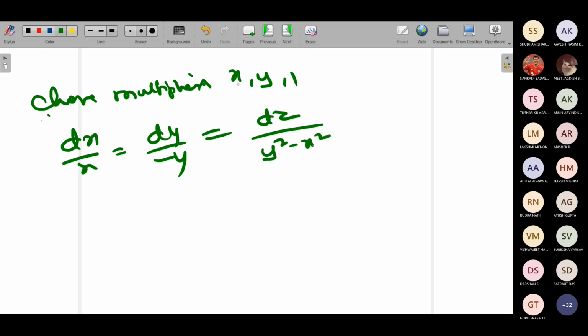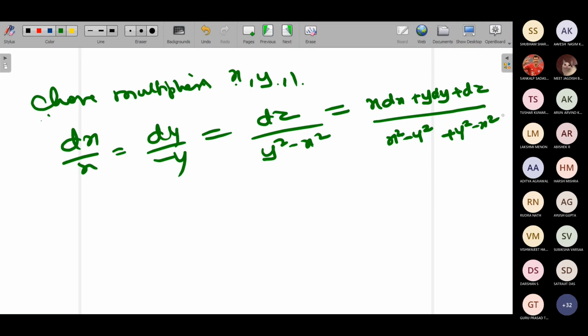Now what have I chosen? I have chosen the multipliers x, y, and 1. So I will have x dx plus y dy plus dz divided by x square minus y square plus y square minus x square. Yes or no? I have multiplied the numerator and the denominator by x, here by y, and here by 1. That I am equating to this equation.